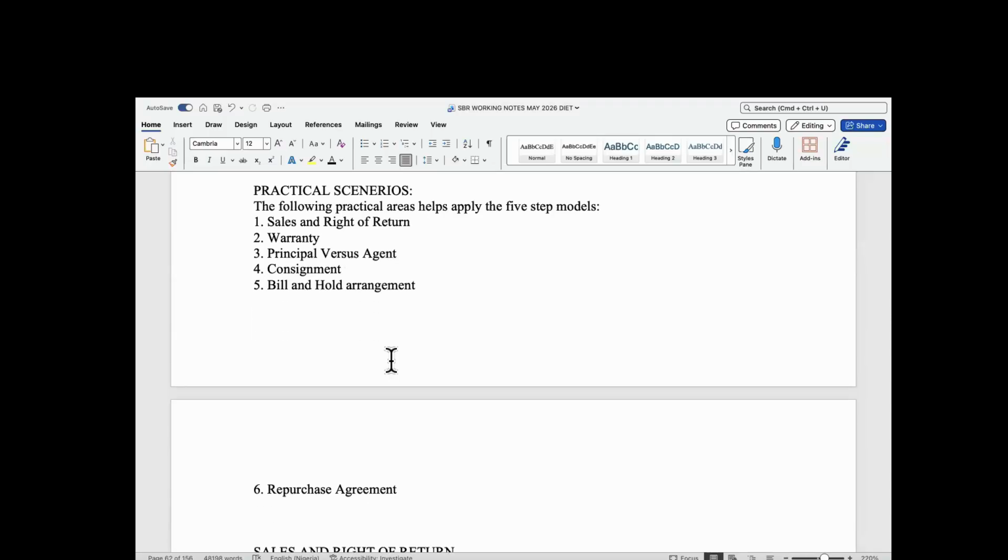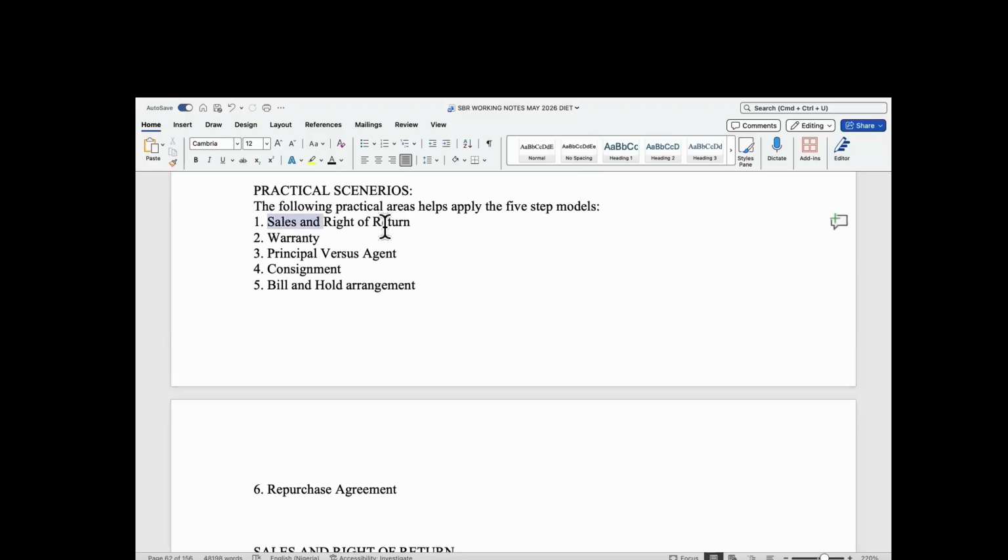So we're talking about the practical scenarios under IFRS 15, how you treat some specific transactions, looking at sales and right of return, warranty, principal versus agent, then consignment, bill and hold arrangement, and repurchase agreement.